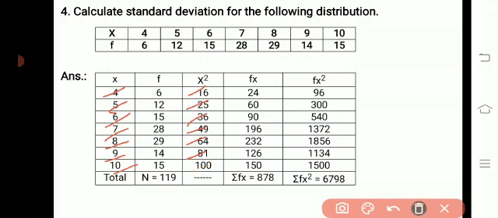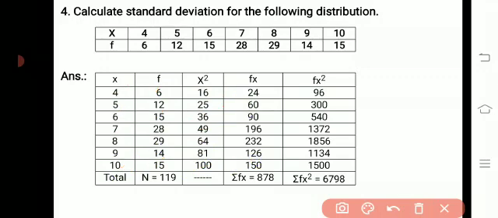After calculating these squares, we have to multiply f into x values. That is 6 into 4 gives 24, 12 into 5 gives 60, 15 into 6 is 90, and so on, until 10 into 15 gives 150.